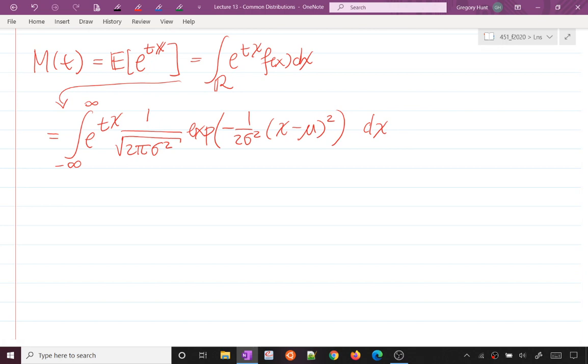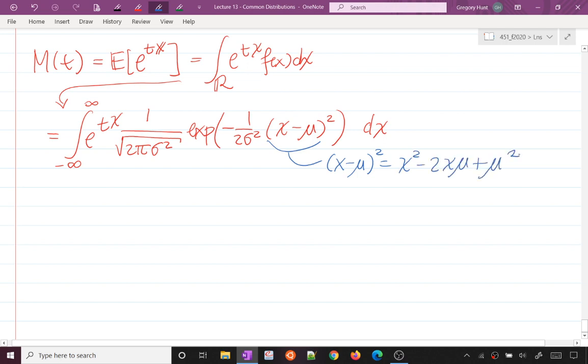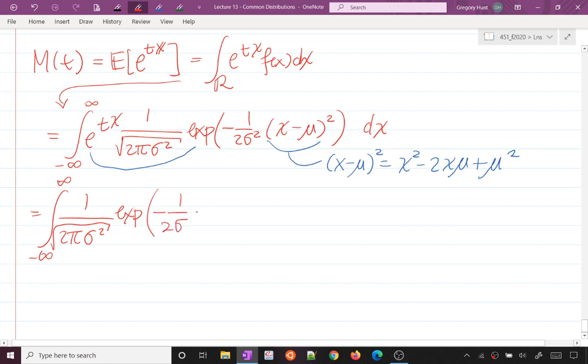So the first step is I'm going to expand out (x minus mu) squared. That is x squared minus 2x mu plus mu squared. And then I'm going to combine those two exponentials. For a product of exponentials, I can add together the exponents. So this is the integral, and we're still going to have our constant, 1 over root 2 pi sigma squared. Now I'm going to combine these things, and I'm going to say 1 over 2 sigma squared out front.